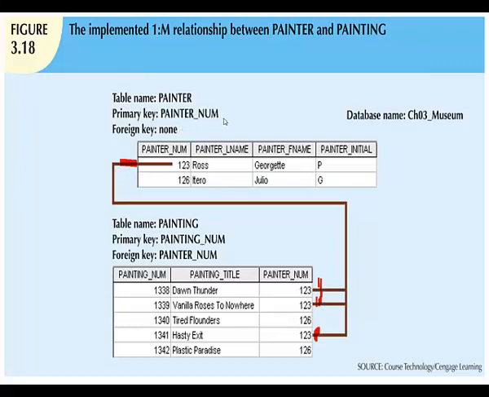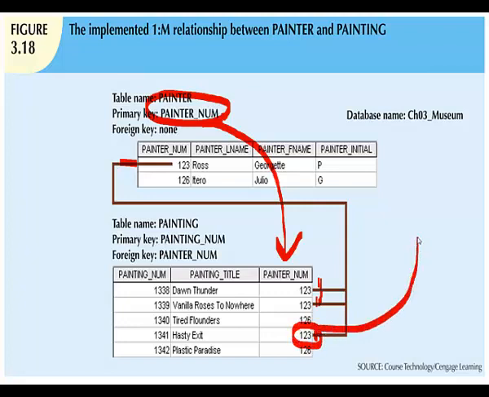We take the primary key on the side of the one and we make it a foreign key on the side of the many. One instance of painter is related to many instances of painting. But one instance of painting is related to only one instance of painter. A one-to-many.